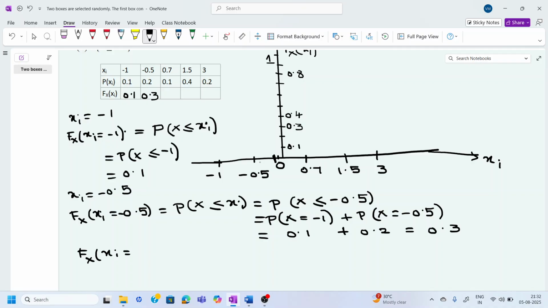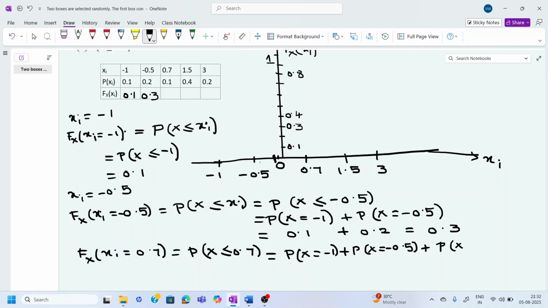Next, we have to find Fx of xi at xi equal to 0.7. That is equal to probability of x taking all the values up to 0.7. There are three values, -1, -0.5, 0.7. So probability of x taking -1 plus probability of x taking -0.5 plus probability of x taking 0.7.